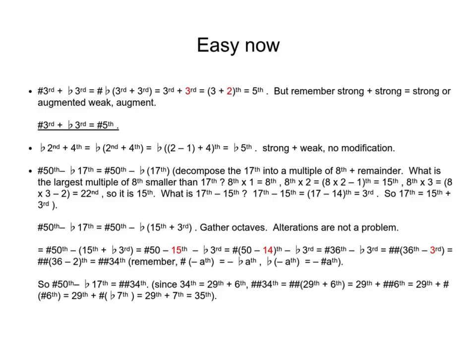And if you want to, you could get rid of the double augmented symbol if you just want to have a neat augmented or diminished or nothing. You could get rid of the double augmented symbol by rewriting the 34th as a sum of a multiple of an octave plus a remainder, which is 34th equals a 29th plus a 6th. So you can easily use the properties to realize that it is a 35th.